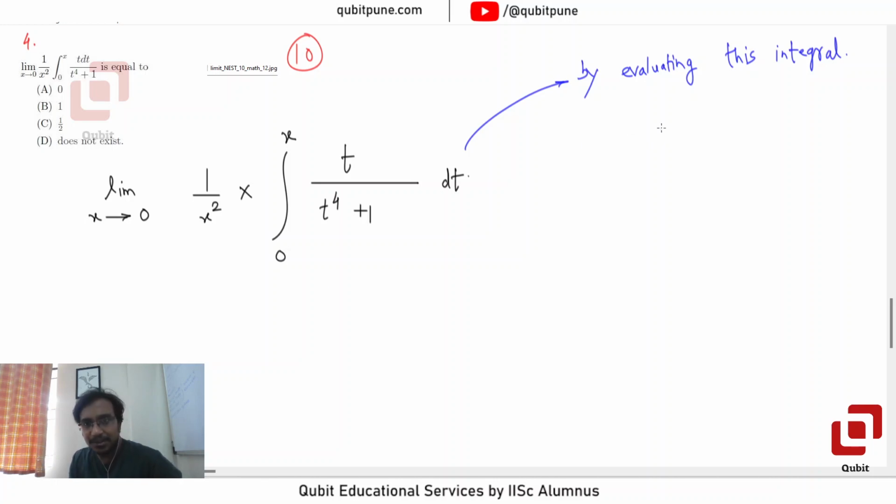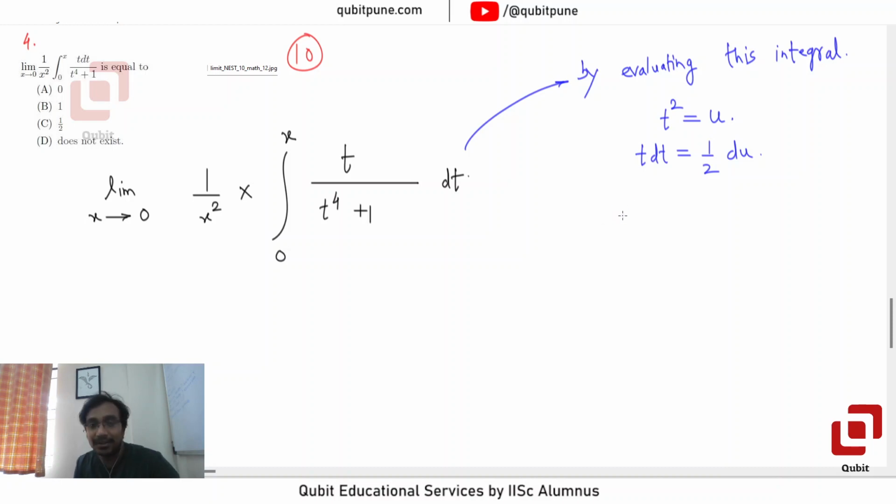You will choose the substitution t squared equal to u. Why t squared equal to u? Because the derivative of t squared in its variable form is available there, right? So t dt would be half du. Is it clear? t dt would be half du. Yes, and then what would be the limits?